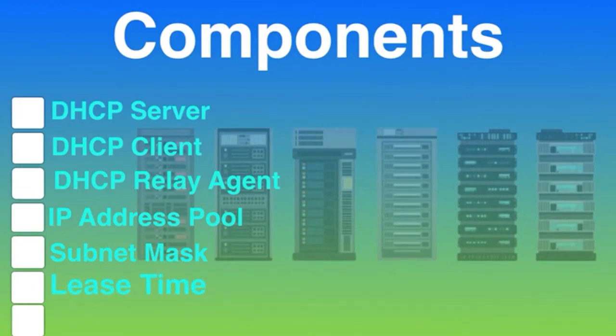It is the amount of time for which the IP address is available to the client. After this time, the client must renew the IP address. Last component is gateway address. The gateway address lets the host know where the gateway is to connect to the internet.